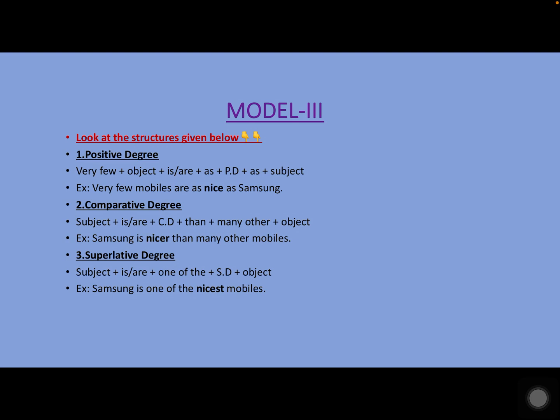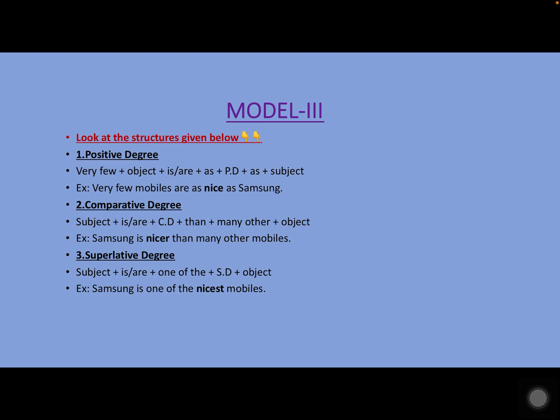So just follow the structure, remember it, and change the sentences. Okay children, now in superlative degree, subject as usual Samsung plus verb "is." Now "one of the" should be added. One of the nicest. What is the superlative degree of nice? Nicest mobiles.